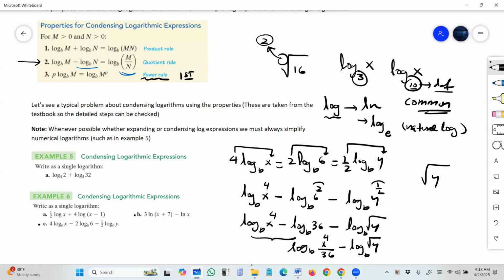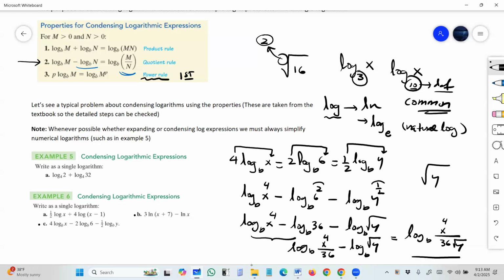And now I do it again. So this is going to be log base b of x to the 4th, and here's my 36 square root of y.